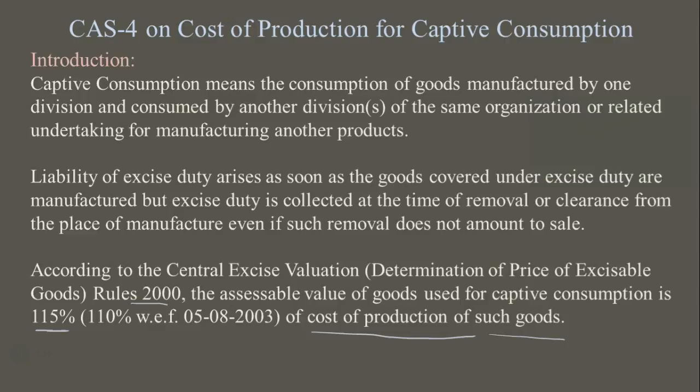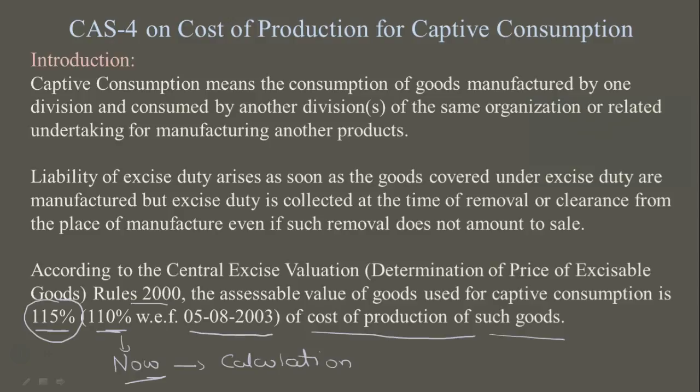Okay guys, it was 115%, but now it is 110%. Before 5/8/2003 it was 115%, but now it is 110%. So we have to use 110% for calculation. I think all of you are clear with this slide. More simple, easily understandable. Okay, great.